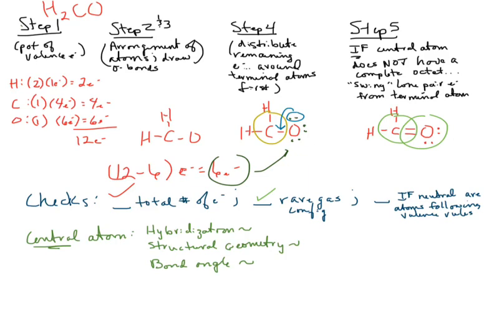If we look at 5A elements, nonmetals, nitrogen and phosphorus, 8 minus 5 is 3. If we look at oxygen, sulfur, and selenium, those are 6A, 8 minus 6 is 2. And then if we look at the halogens, chlorine, bromine, iodine, 7A, so 8 minus 7 is 1. That's the number of times you expect them to reach out.